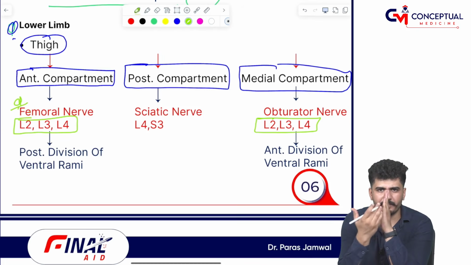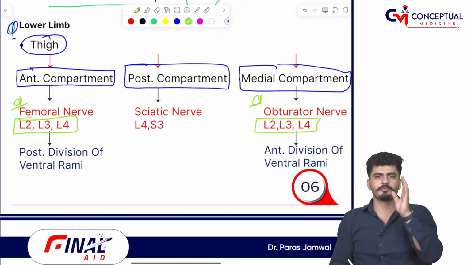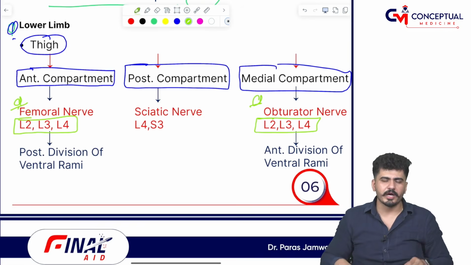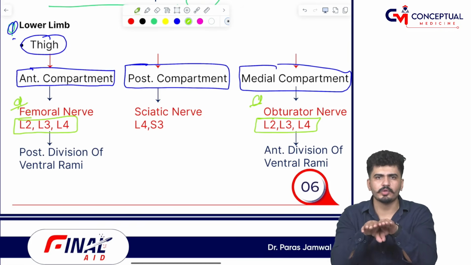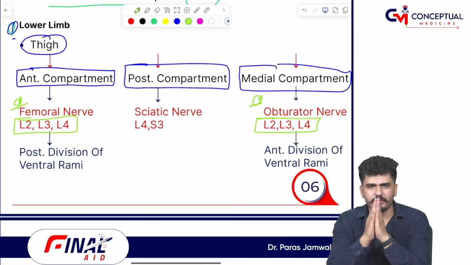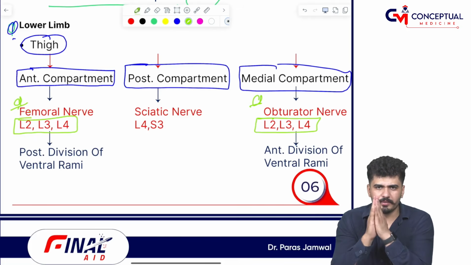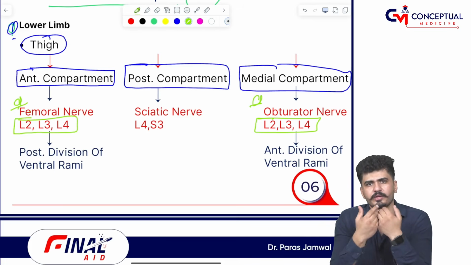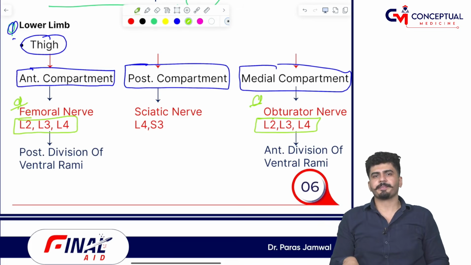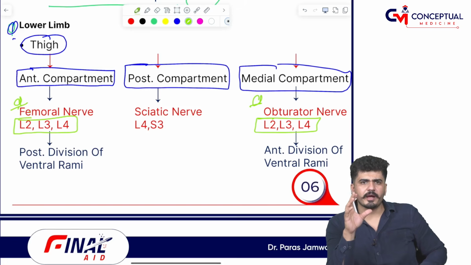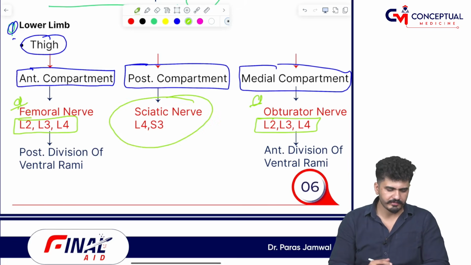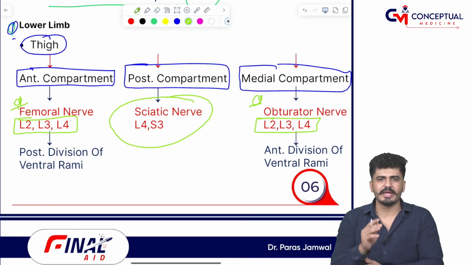And if this is the ventral rami and the nerve is coming from the anterior side, supplying the medial compartment of the thigh, this is called the obturator nerve. So femoral nerve and obturator nerve root values are the same, L2, L3, L4. One is coming from the posterior side supplying the anterior compartment of the thigh. One is coming from the anterior side and supplying the medial compartment of the thigh. Remember, the posterior compartment is supplied by the sciatic nerve and the root values are L4 to S3.